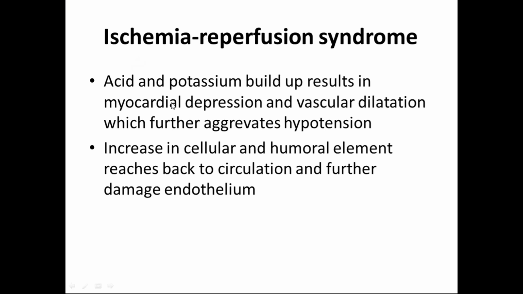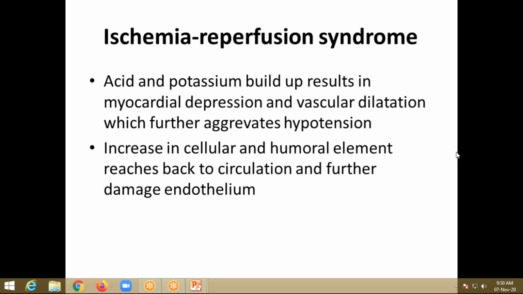This acid and potassium is accumulated within the cell. So when there is reperfusion, you are recovering the cell. What will happen? This accumulated potassium and acid is released into the peripheral circulation. This will cause end organ damage. Remember, the increase in cellular humoral elements reaches back to the circulation and further damages the endothelium. This is nothing but ischemia and reperfusion syndrome.